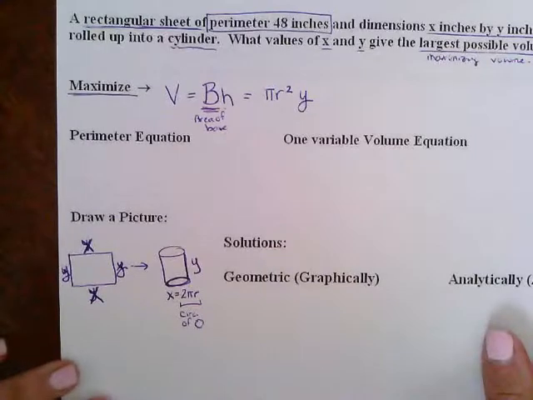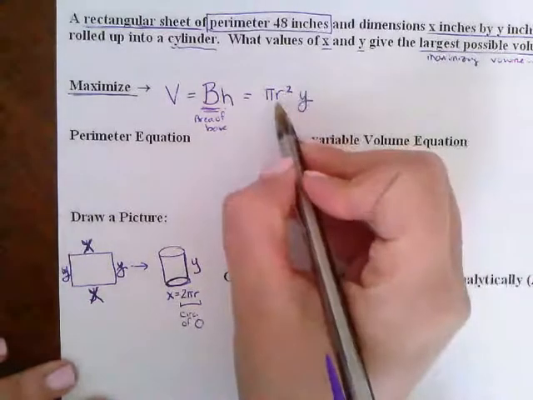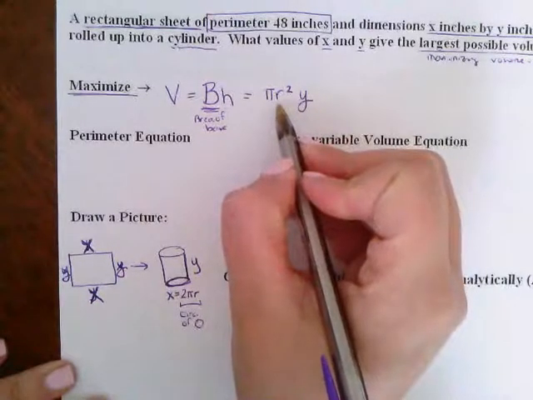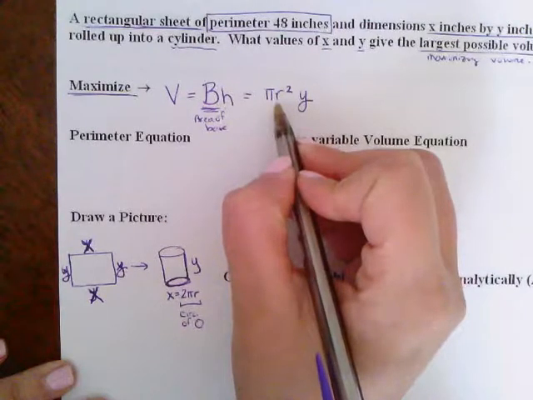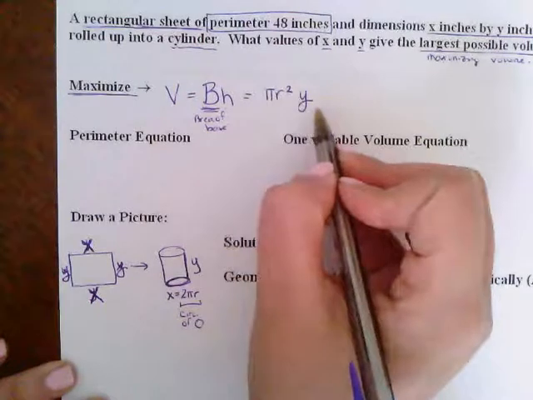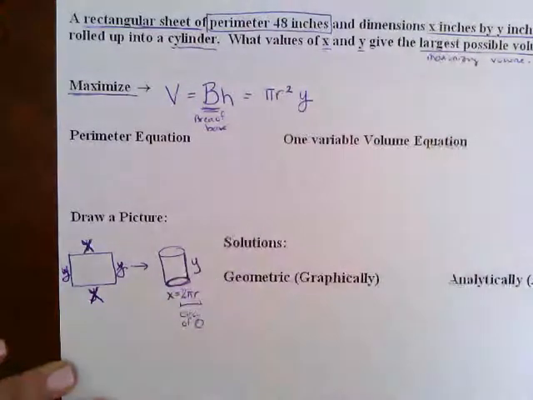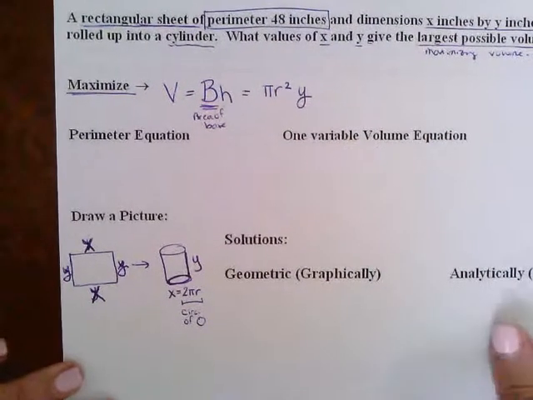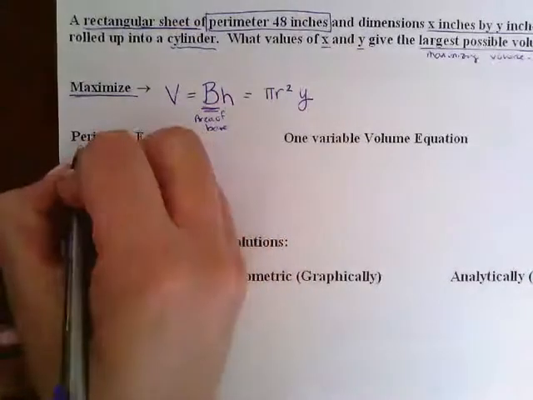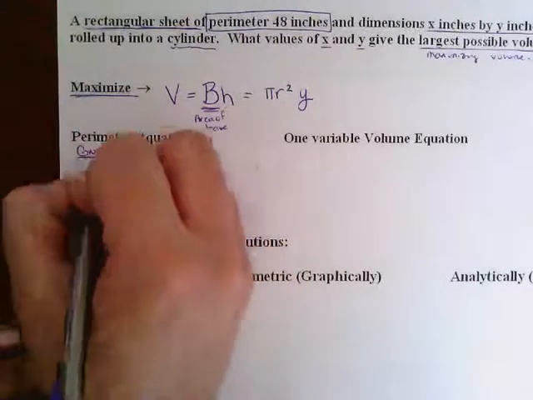You notice here that you have two variables, r and y, but we'll come back to that in a second. So the next step is this equation that is actually given to us.